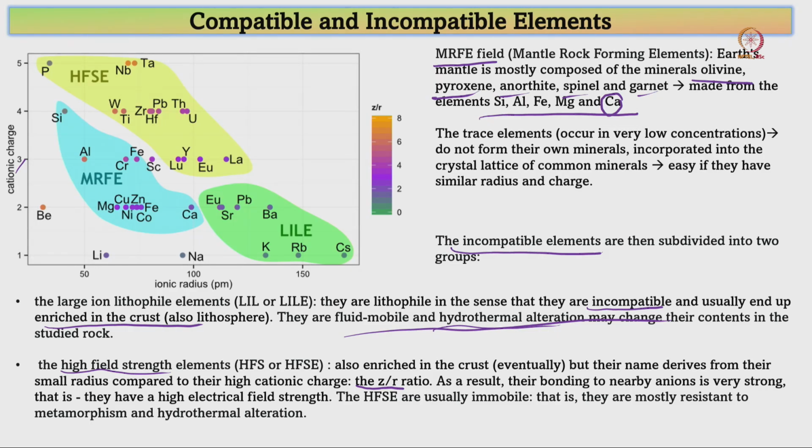That means higher cationic charge and lower ionic radius, which results in very strong bonds with the anions, and they will have a very high electrical field strength.